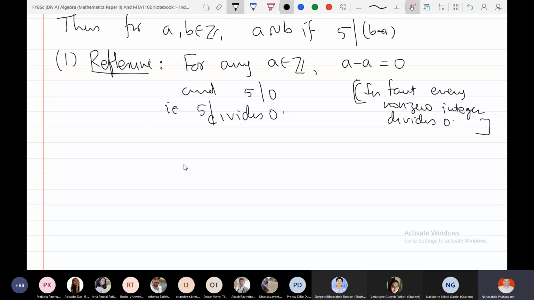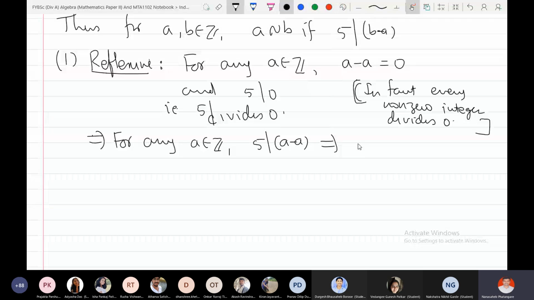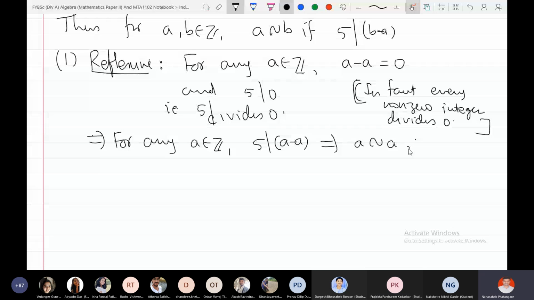What is the conclusion? Therefore, for any a belonging to Z, 5 divides a minus a. That means the relation is reflexive, so a is related to a for all integers.